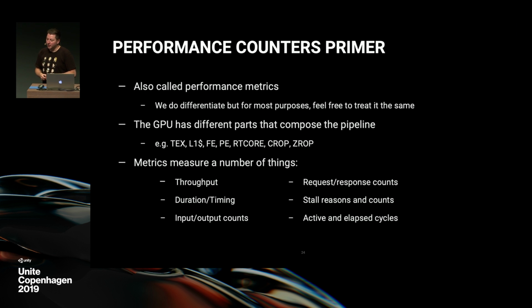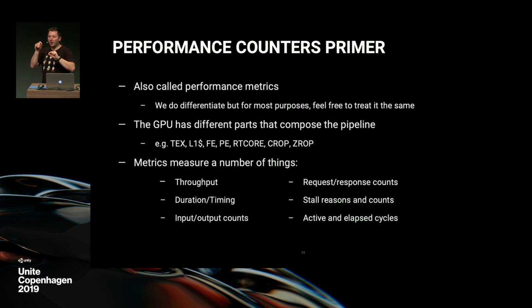The GPU has different parts that compose the pipeline. So I showed you that really quick diagram of Turing. There's a lot of different units within that. If you look at the Turing white paper, you'll get a lot more information that I won't go into detail here. But TEX, L1 cache, the front end, primitive engine, RT core, CROP, ZROP, all these units contribute to the final end product of where your performance is going.